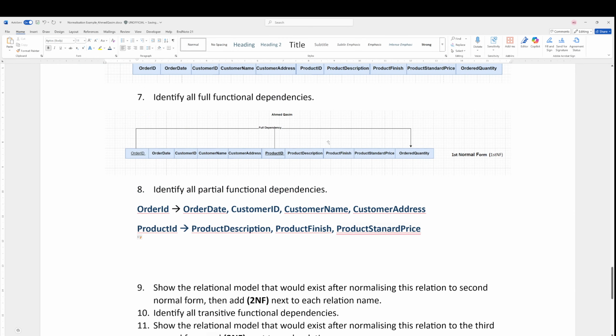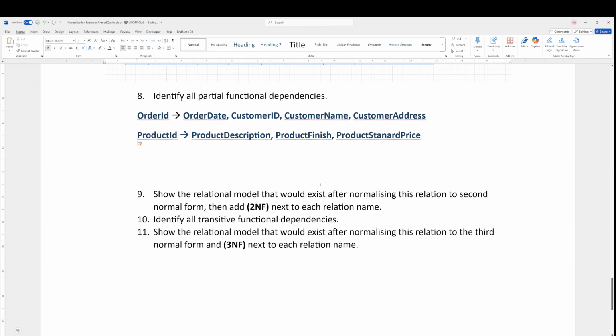So this whole relation here basically depends on two primary keys, but this relation here is currently functioning on one primary key, and this relation here is functioning on one primary key. So these are basically functioning on one, not on both. So I identify the partial functional dependency.